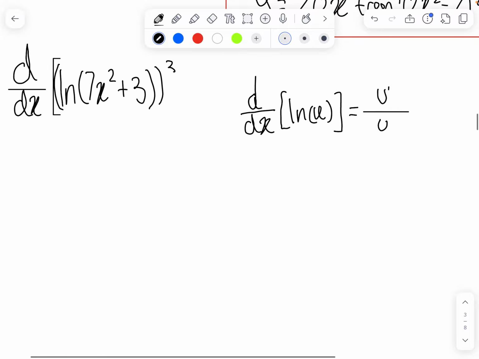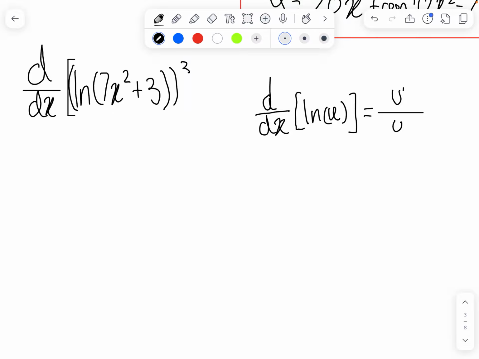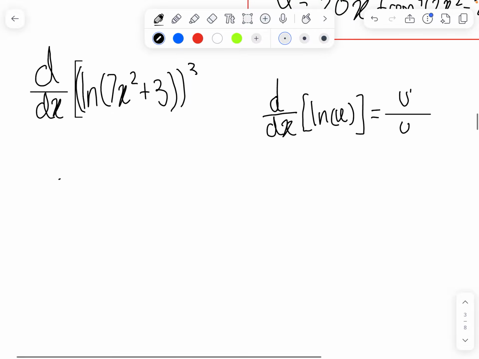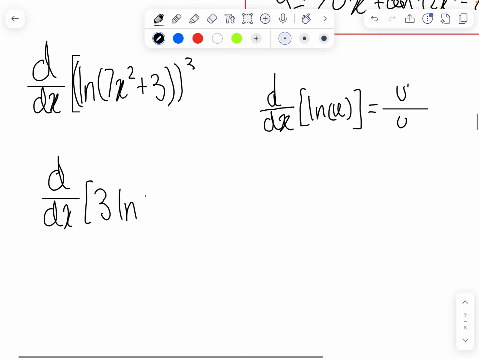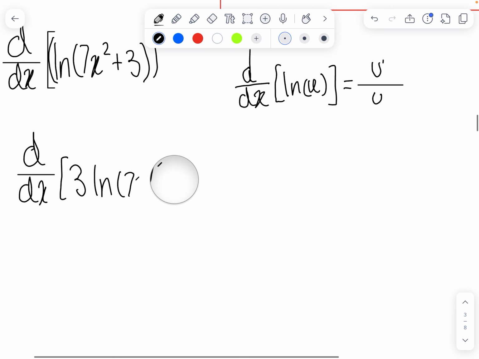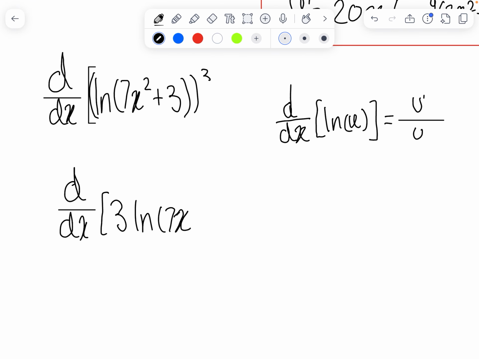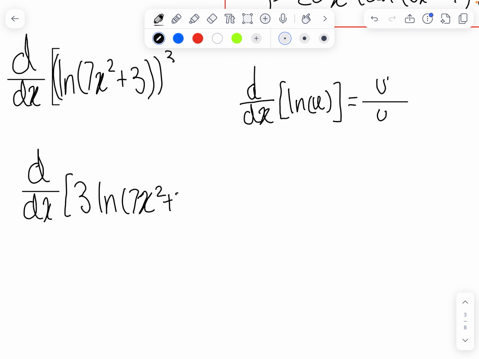Okay, so first things first, we have to apply the power rule. So the derivative d over dx is equal to 3 times ln of 7x squared plus 3 to the power of, so n minus 1, so 3 minus 1 is 2.